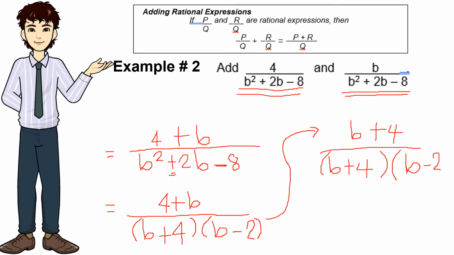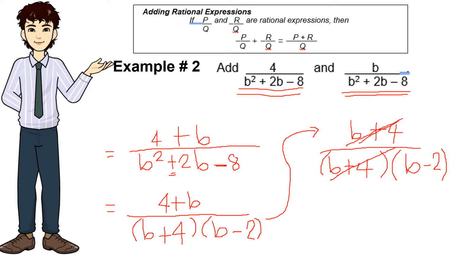So again, pag tayo ay nasa fraction, merong numerator and denominator. It's the same with the rational expression. The operation involved is division. So we may read this as b plus 4 divided by the quantity b plus 4 times b minus 2. So, ibig sabihin, pwede na natin i-cancel yung b plus 4 na nasa numerator since the same siya as one of the factors of b squared plus 2b minus 8.